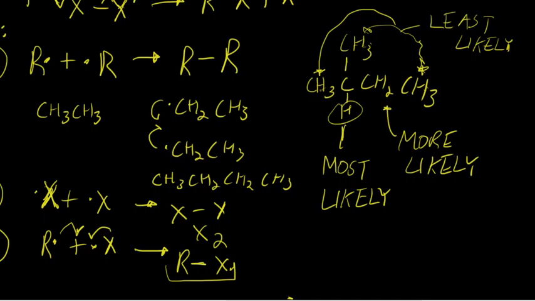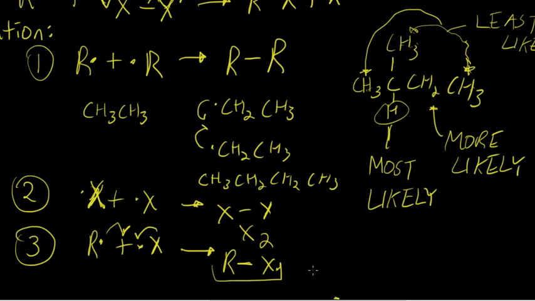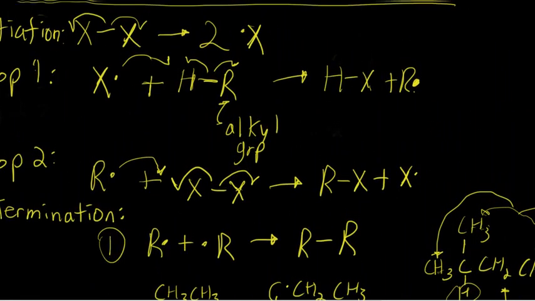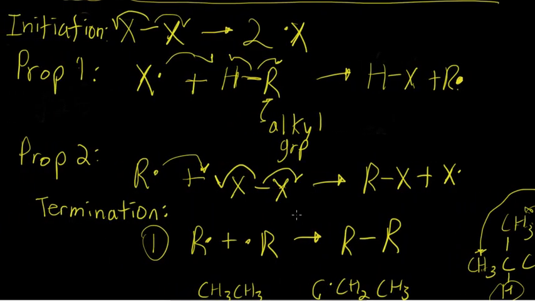But remember that it's the halogen radical that actually does the abstracting. So if you go to the propagation steps here, in propagation step 1, you can see that the halogen radical is the atom or molecule, well, I guess it's really both at this point, that abstracts the hydrogen and results in the alkyl radical.